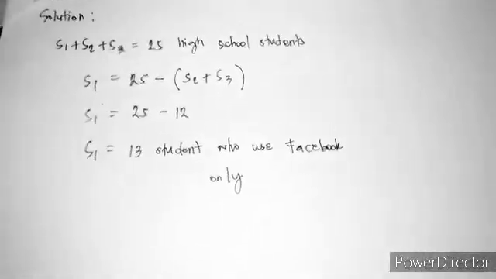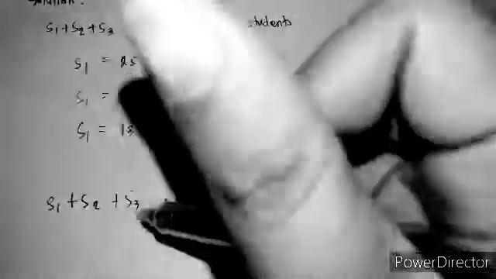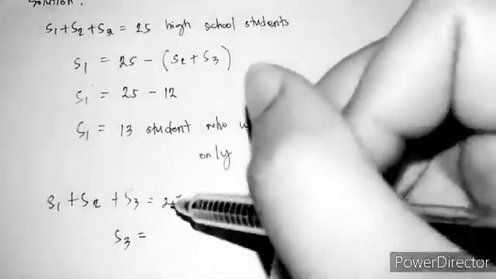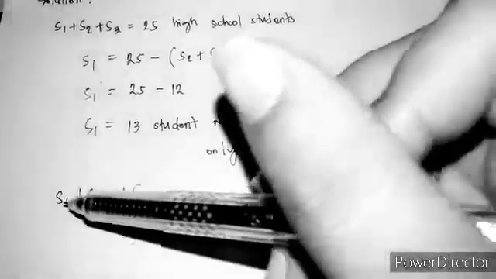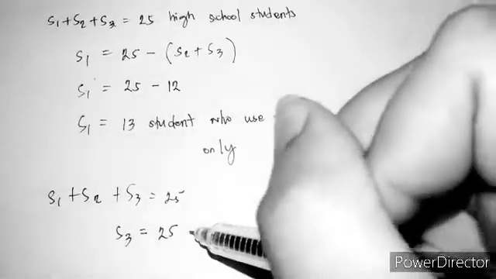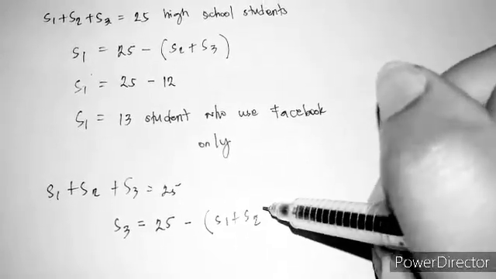Next, let's solve S3. S1 plus S2 plus S3 is equal to 25. Copy S3 equals copy 25. And then if we transpose S1 and S2, it becomes negative. So minus S1 plus S2.